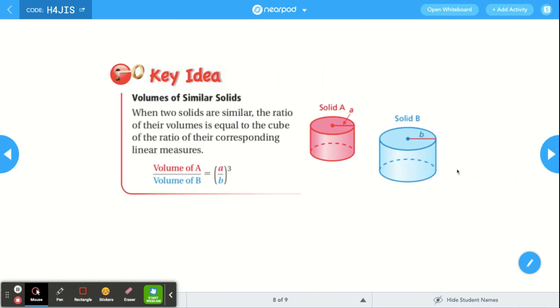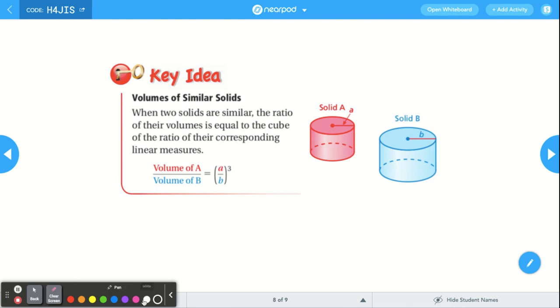All right, now when it comes to the volumes of similar solids, when two solids are similar, the ratio of their volumes is equal to the cube of the ratio of their corresponding linear measures.